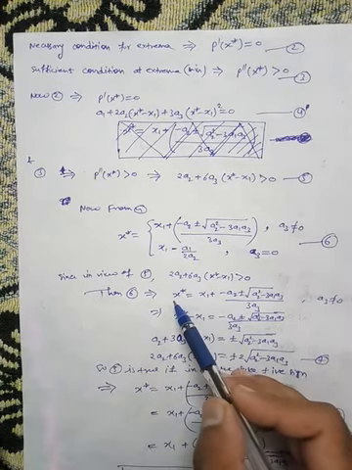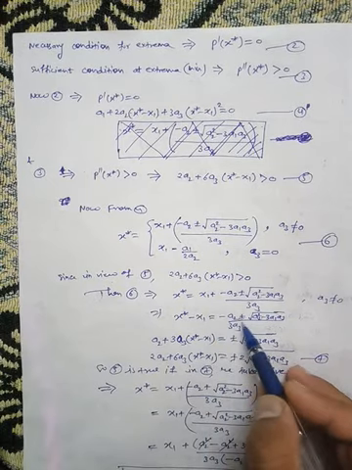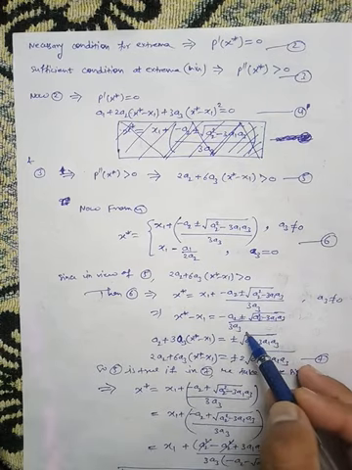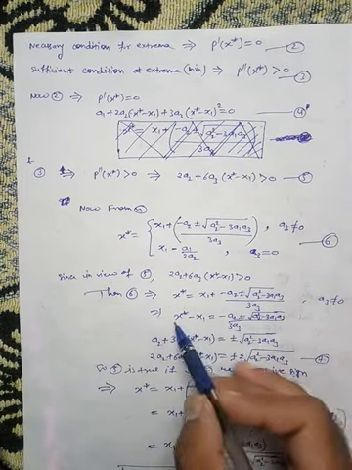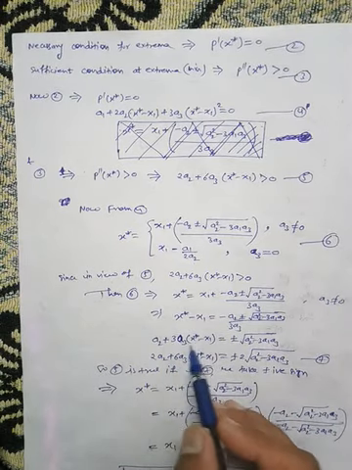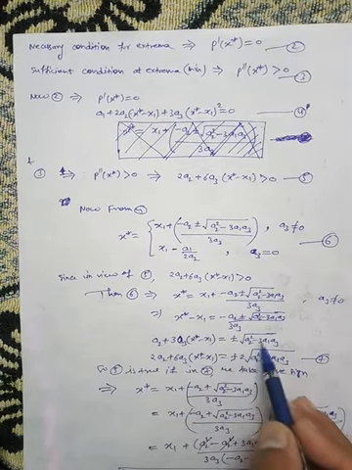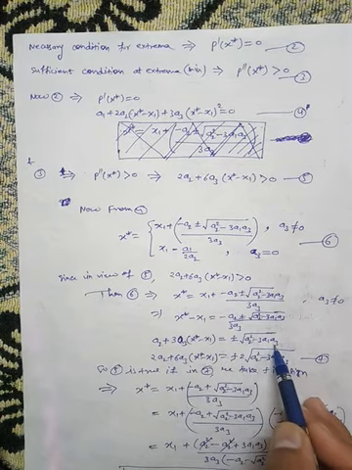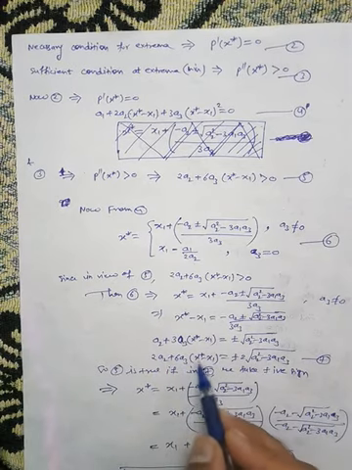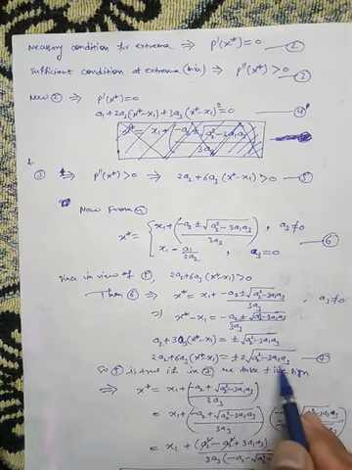Take x1 on the left hand side: x star minus x1 equals minus a2 plus minus square root of a2 square minus 3a1 a3, divided by 3a3. Now multiply by 3a3 and take a2 to the left hand side. So we get a2 plus 3a3 (x star minus x1) equals plus minus square root of a2 square minus 3a1 a3. Now multiply by 2. So we get 2a2 plus 6a3 (x star minus x1) equals plus minus 2 square root of a2 square minus 3a1 a3.